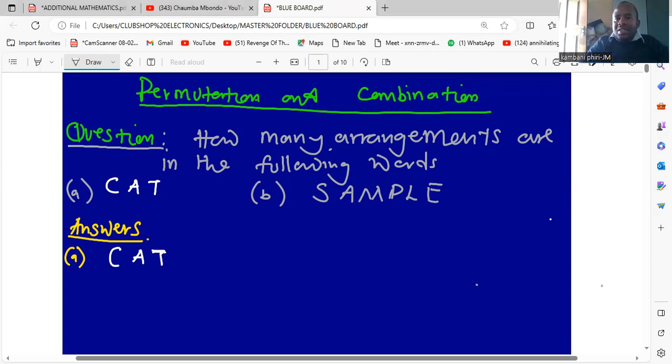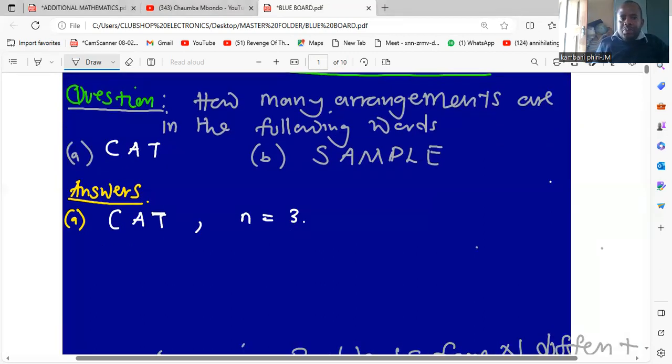we realize that we have three distinct letters. In this case, our n will be equal to 3. So to find the number of arrangements, this simply means 3 factorial.